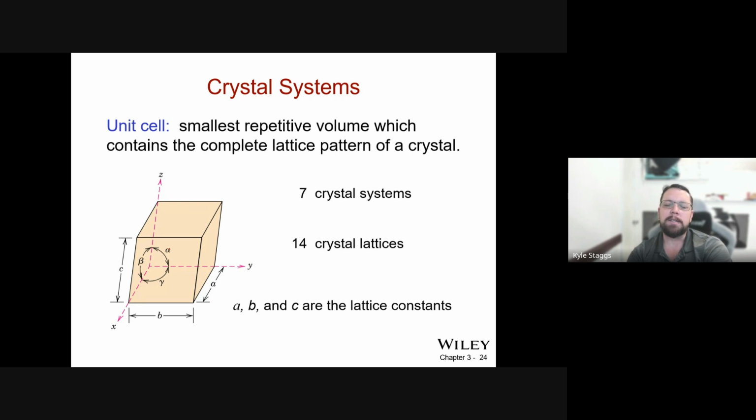This tells us what constraints the lattice has to abide by in order to fully contain the pattern of that lattice. There are 7 different crystal systems and 14 different lattices in total. This is just trying to give an example.